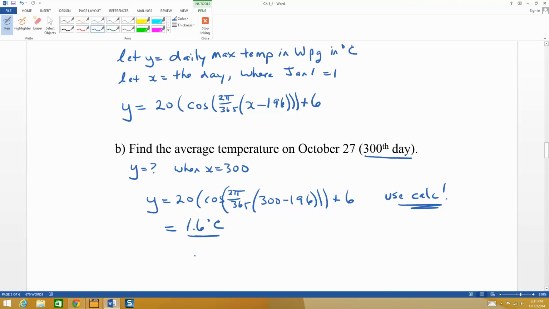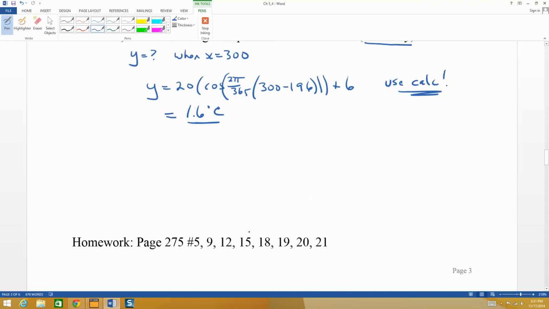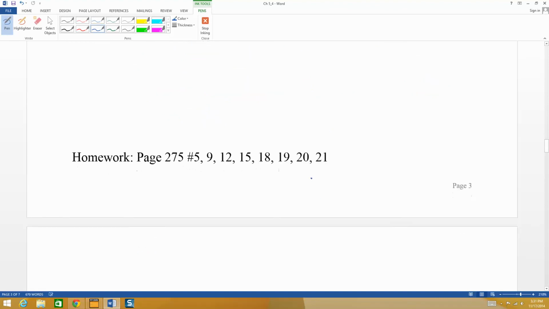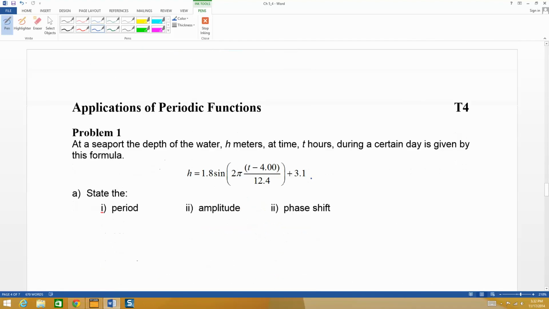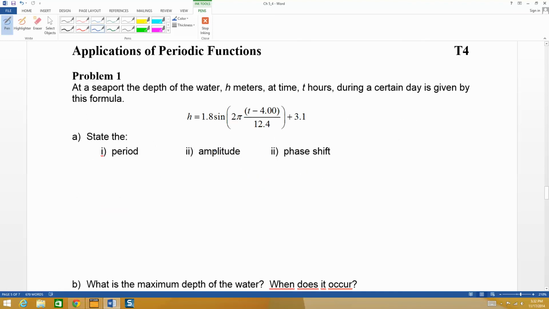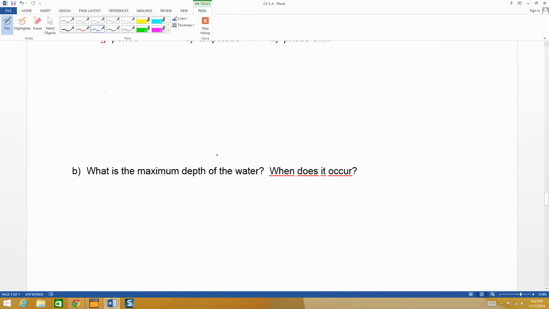There is your homework for today, and we'll be working on that. I do want to point out that there will be a bit of an assignment coming up to do these applications of periodic functions. This is the case for the seaport, for the level of the water as it goes up and down.